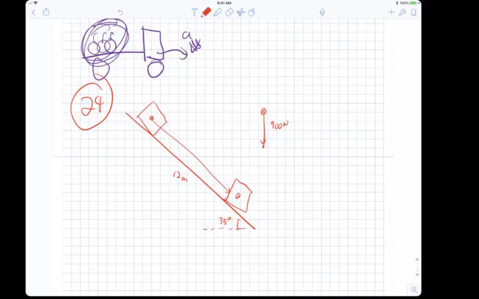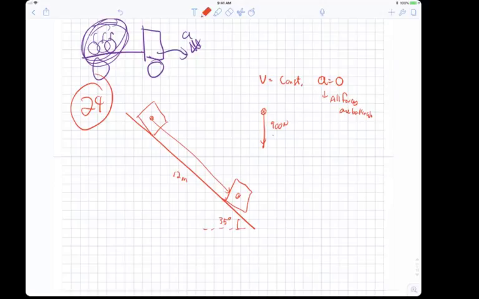Okay, so this is the fun part. The deal here is that the speed is constant, okay? And that means that there's no acceleration, which means that all the forces are balanced. So what forces are there?